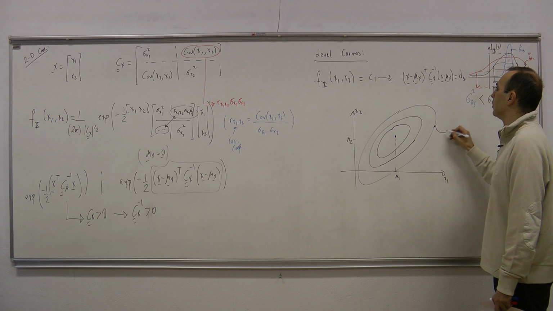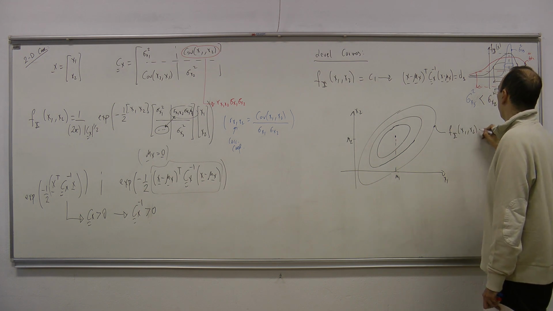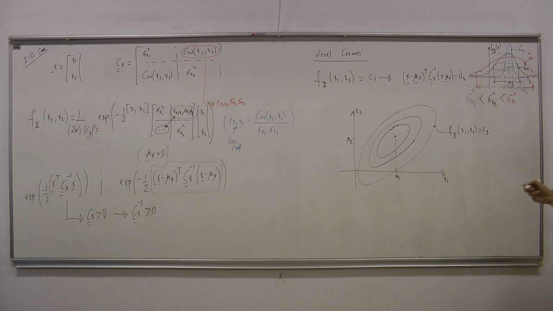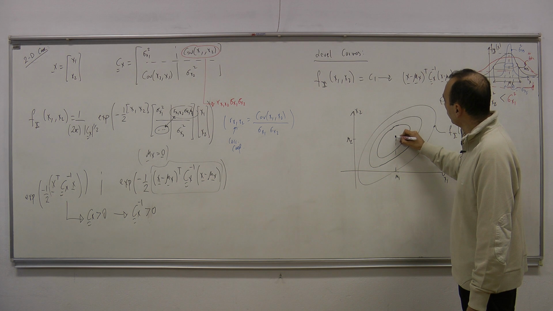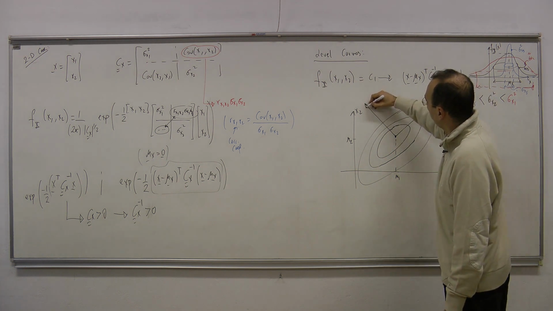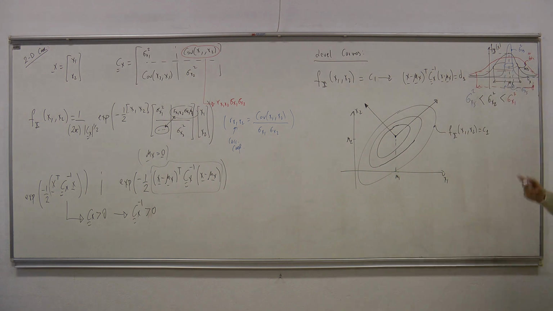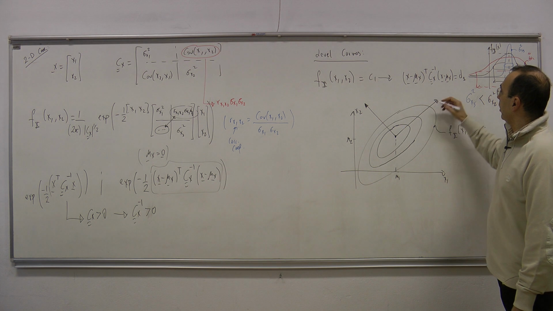So this is the locus of points. Let's say that this is equal to C1. Locus of these points. What can you say? For this one, I will explain this a little bit further later on. This is an ellipsoid shape.